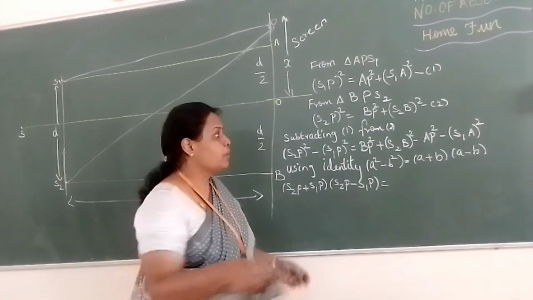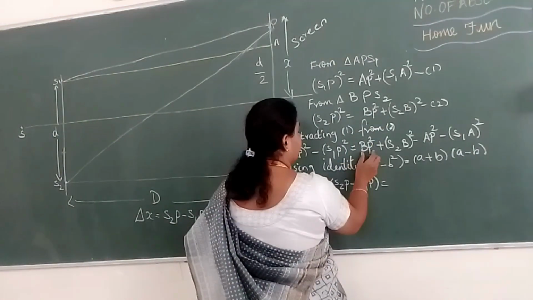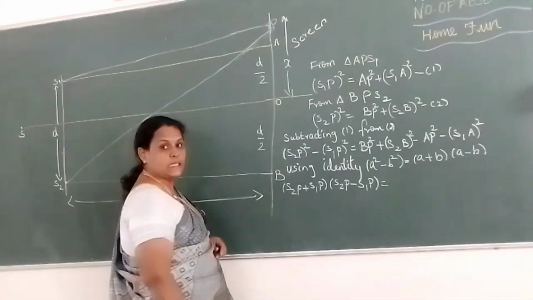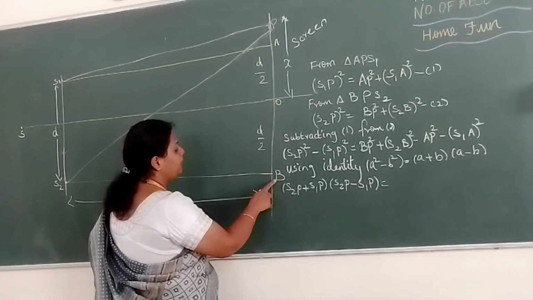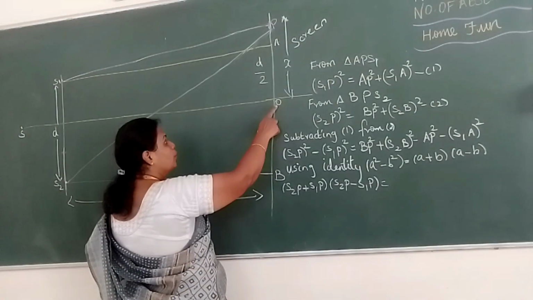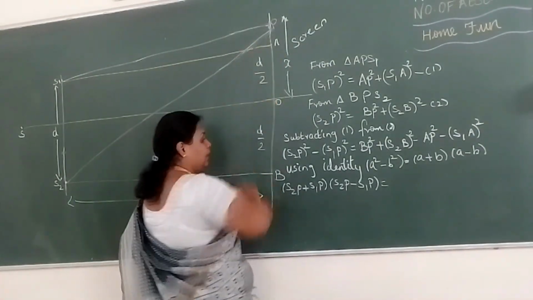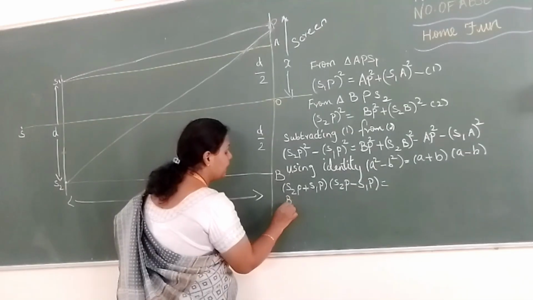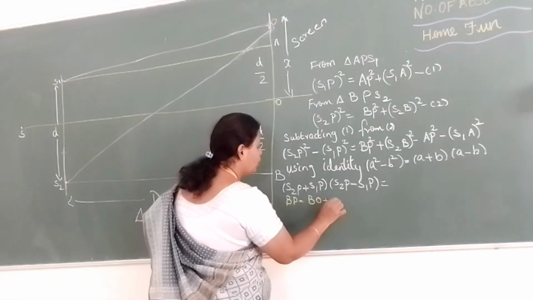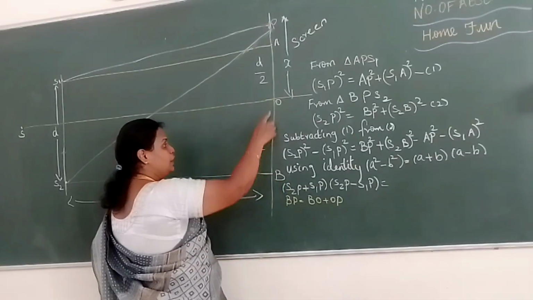So now I am going to write what BP square is given to me. So what is my BP? Yes, BP is my way from B to O and O to P. Am I right? BP is B to O plus O to P. What is my B to O?